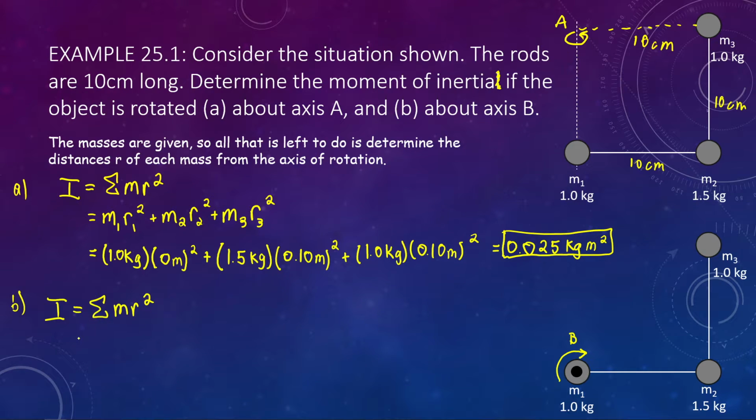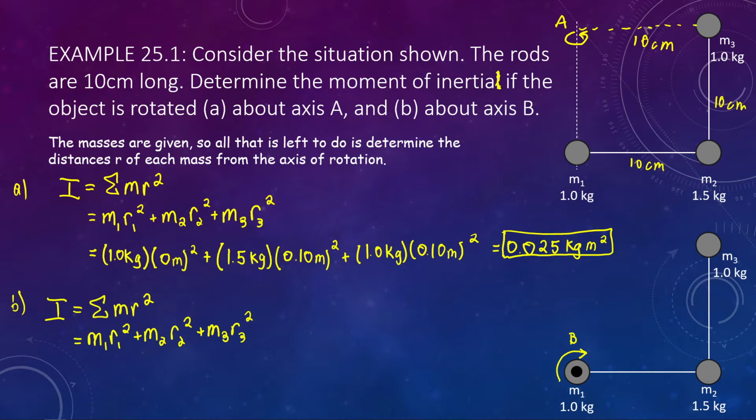Always show your full work, so always write out the equation, as annoying as it can be, or redundant as it can sometimes be. You should always show full work. So M1 R1 squared again, M2 R2 squared, and M3 R3 squared. So in this one, we're now looking at the bottom right picture.